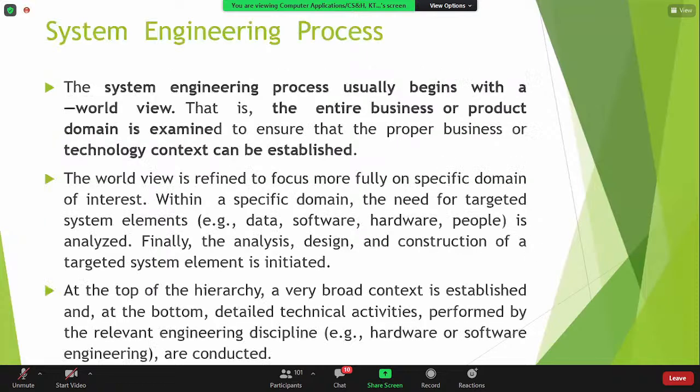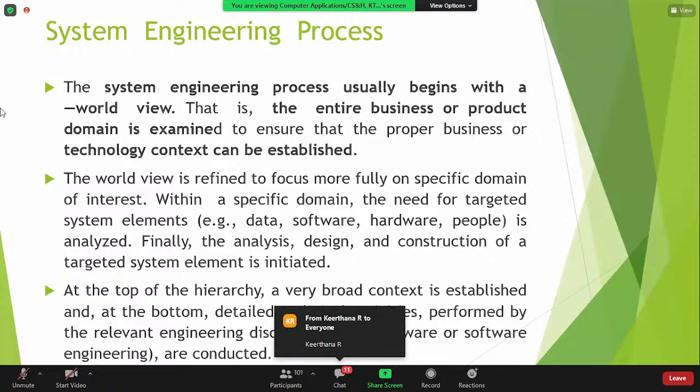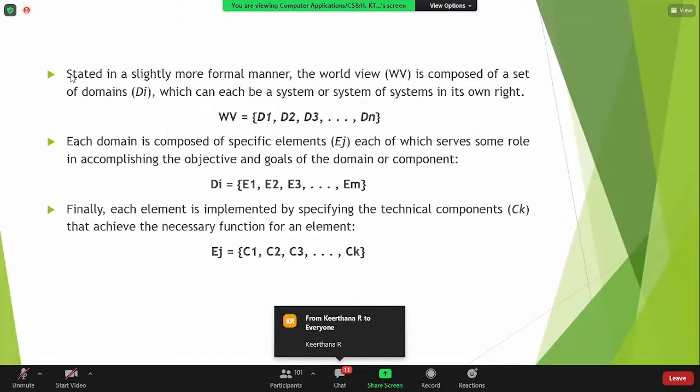Okay, the third one is that the broad context is established at the top, and at the bottom, detailed technical activities are performed by the engineering discipline. My internet is unstable here. From how they are dealing with the problem, the world view they make is WV, composed of a set of domains.